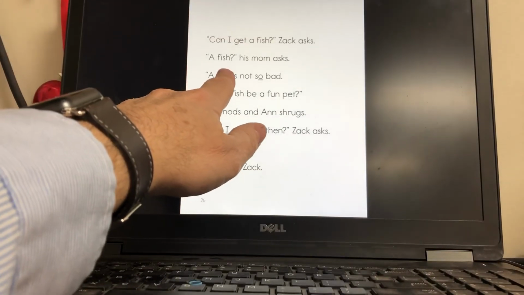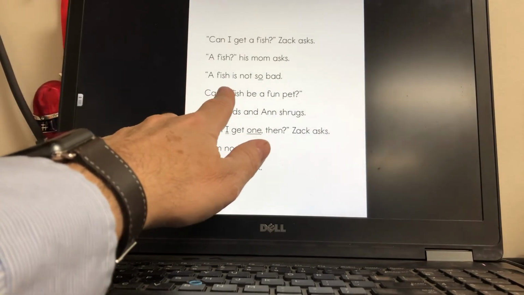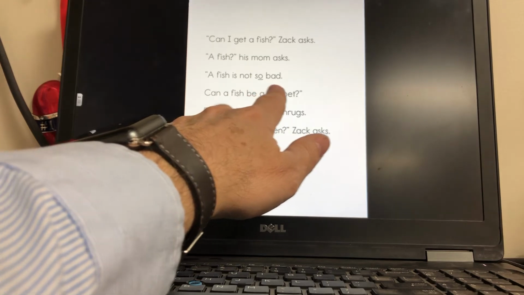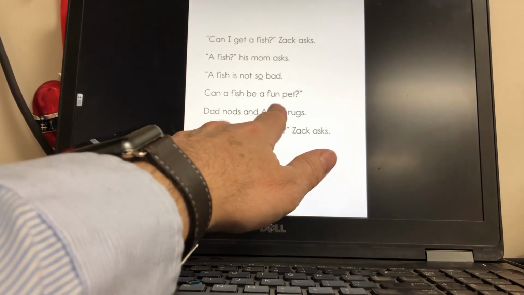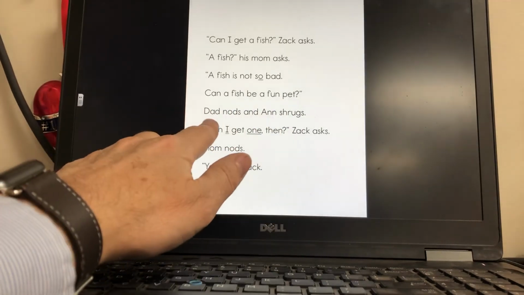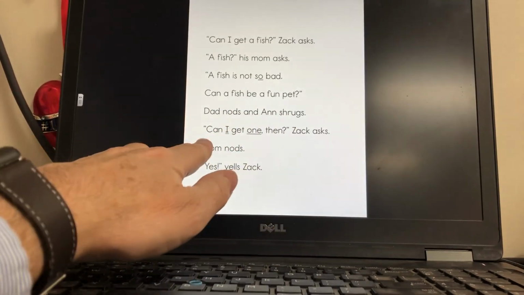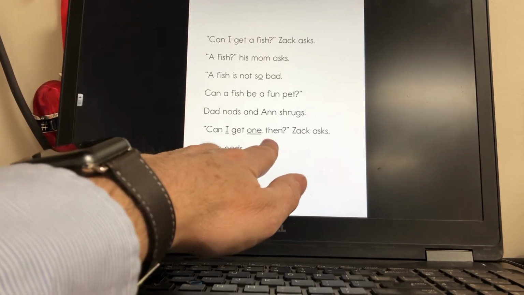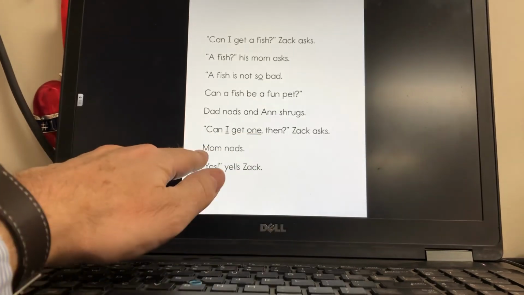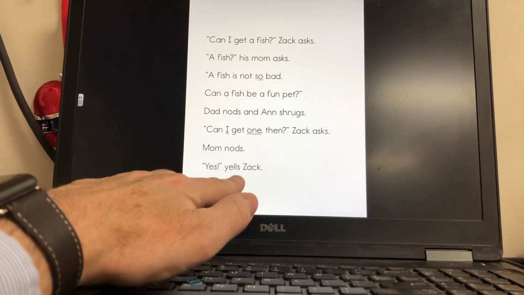A fish, his mom asks. A fish is not so bad. Can a fish be a fun pet? Dad nods and Anne shrugs. Hip, hip, hooray! Can I get one then? Zack asks. Mom nods. Yes, yells Zack.